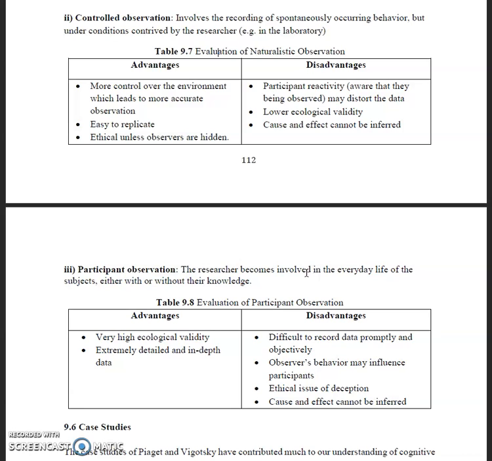So the advantages of having a participant observation, and for that, it can be either with or without the knowledge of the subjects.